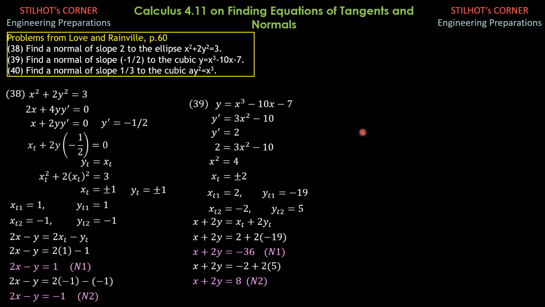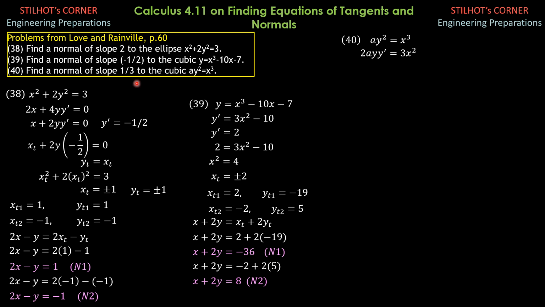Then for problem 40, find a normal of slope 1/3 to the cubic a y squared equals x cubed. Differentiating with respect to x, we have 2ay y prime equals 3x squared.